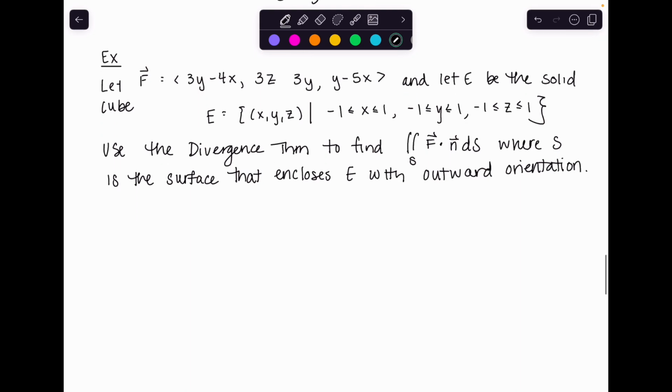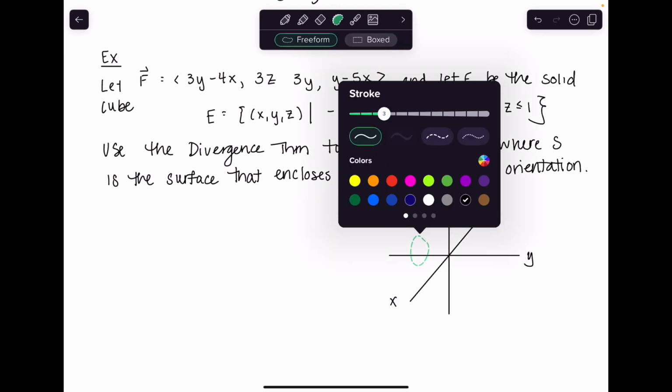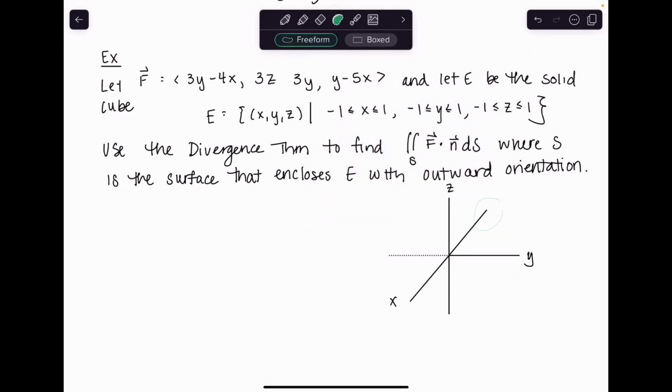So just to draw you a picture of this solid, put in all of those negative components, and then go ahead and make these dotted.